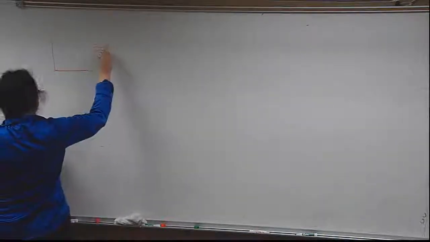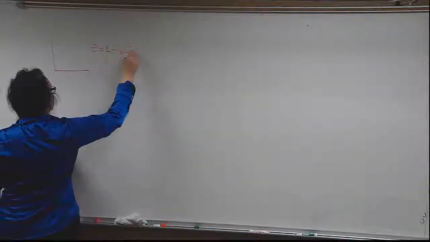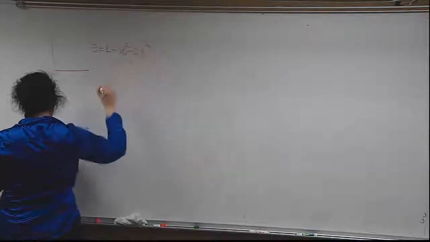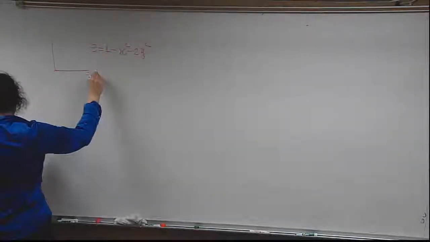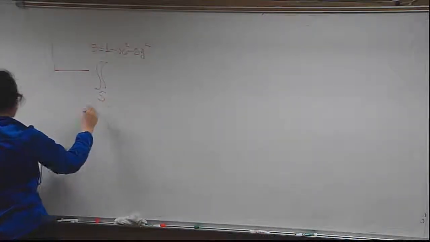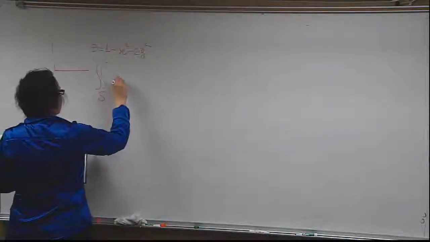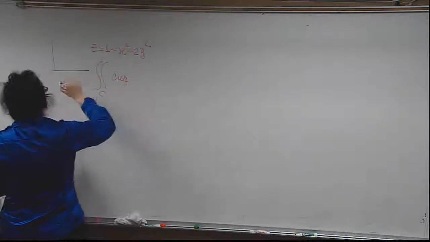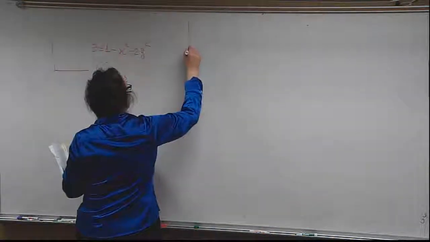It's going to look a little bit ugly. You have the surface z equals 1 minus x squared minus 2y squared, and you have to evaluate the double integral over the surface S. This is the surface. Let me draw the surface.